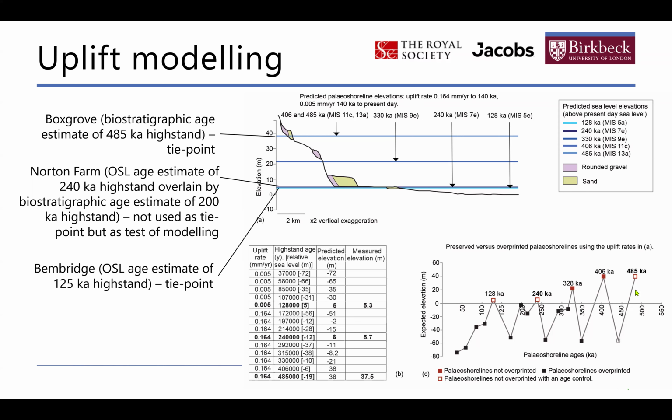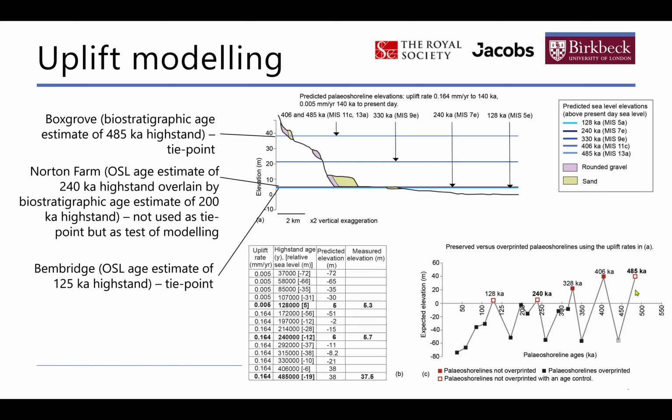We didn't actually use it as a tie point because we couldn't decide whether it was the 240,000 year high stand, which related to the OSL age, or the 200,000 year high stand, which related to the biostratigraphy. But we used it as a kind of test of our modelling, like, is it coming up in roughly the right place?